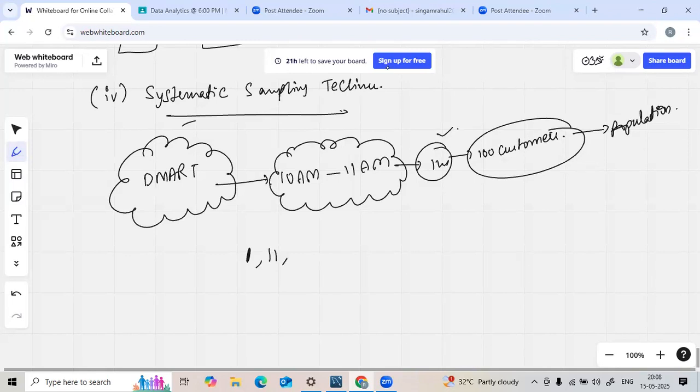Again, that person does not check fever status for the next 10 individuals and goes with the 21st, and in the same way, the 31st.